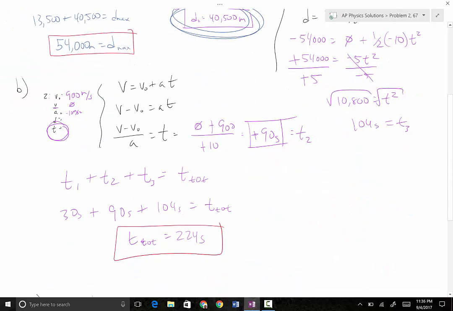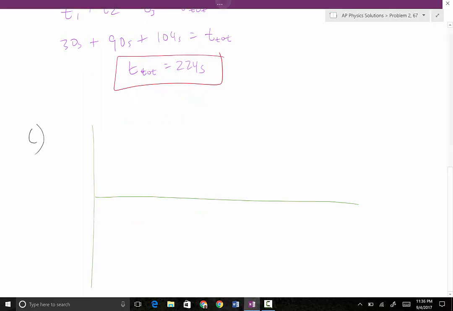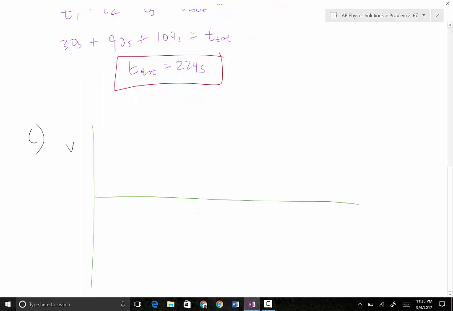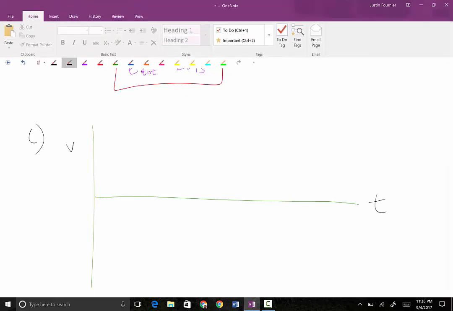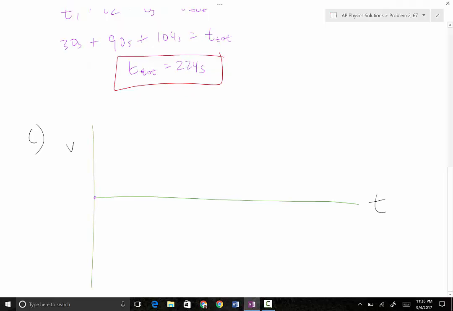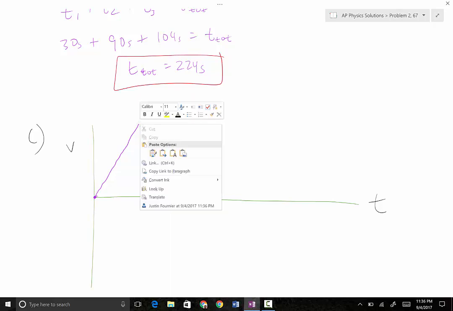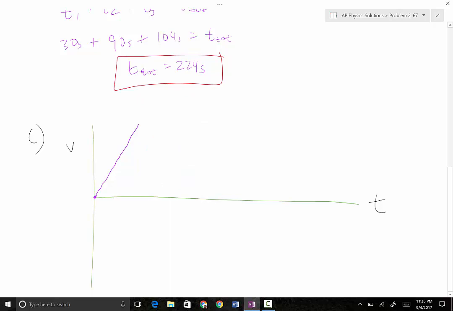So if I know that, I can make my velocity versus time graph like this. So it starts at rest, it accelerates at 30 meters per second squared, and then it cuts off at some point, and then while it's still traveling in the positive direction, it then accelerates at negative 10 meters per second squared, which is going to have a more shallow slope than the 30 meter per second squared slope that I have here.